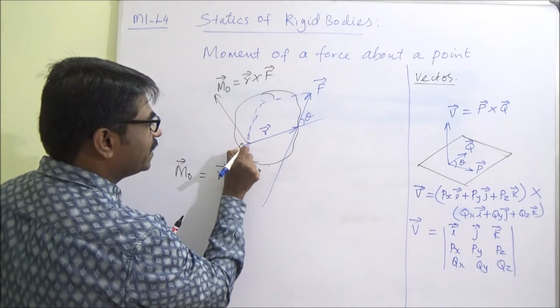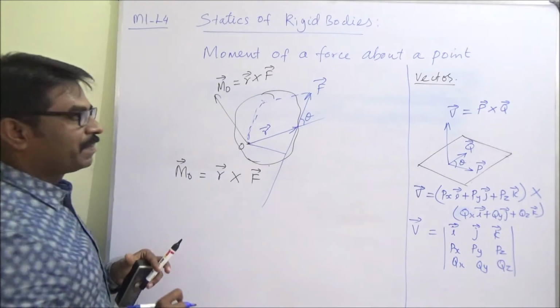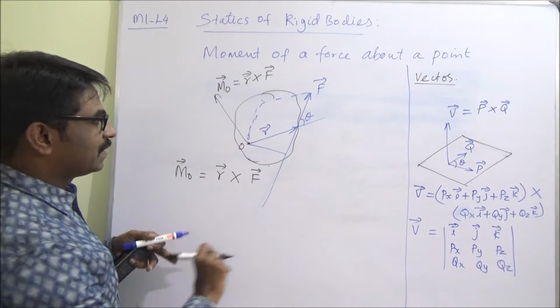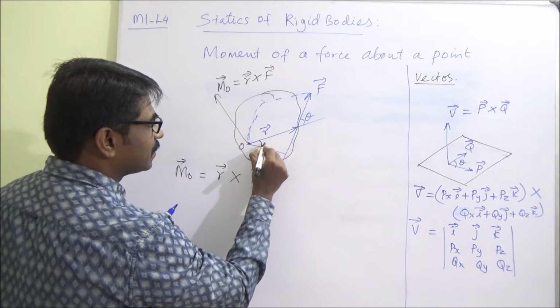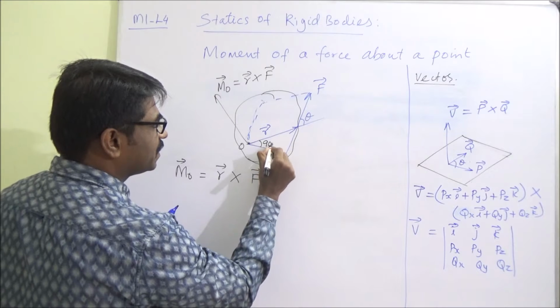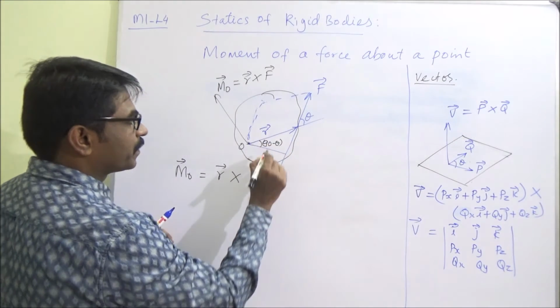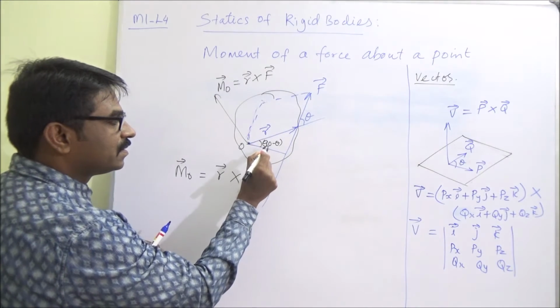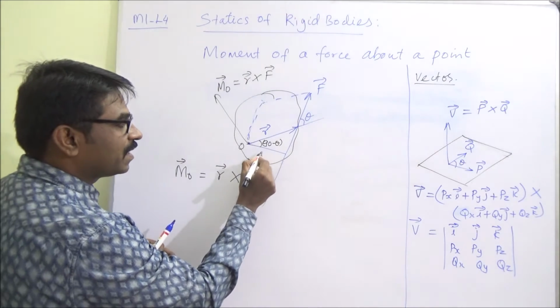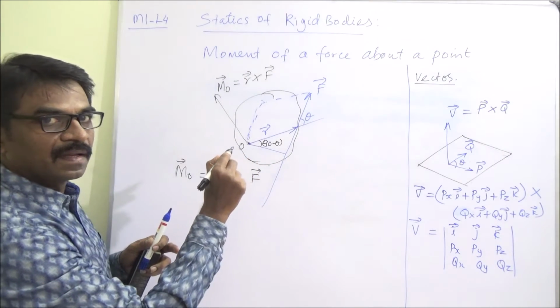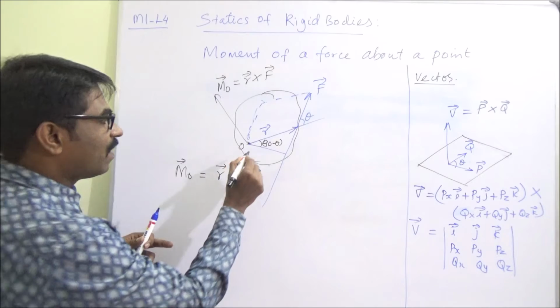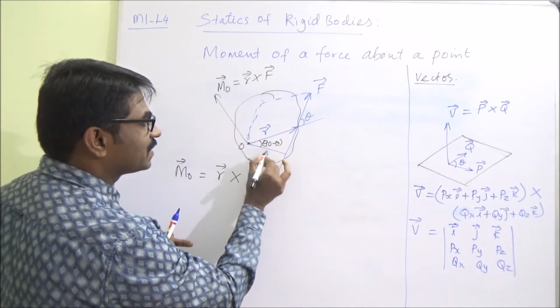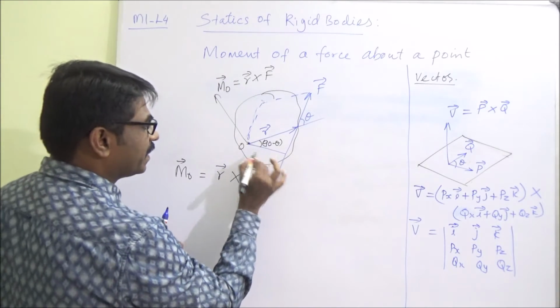So if we find the perpendicular distance, this angle is 90 minus theta, and R cos(90 minus theta) is R sin theta.